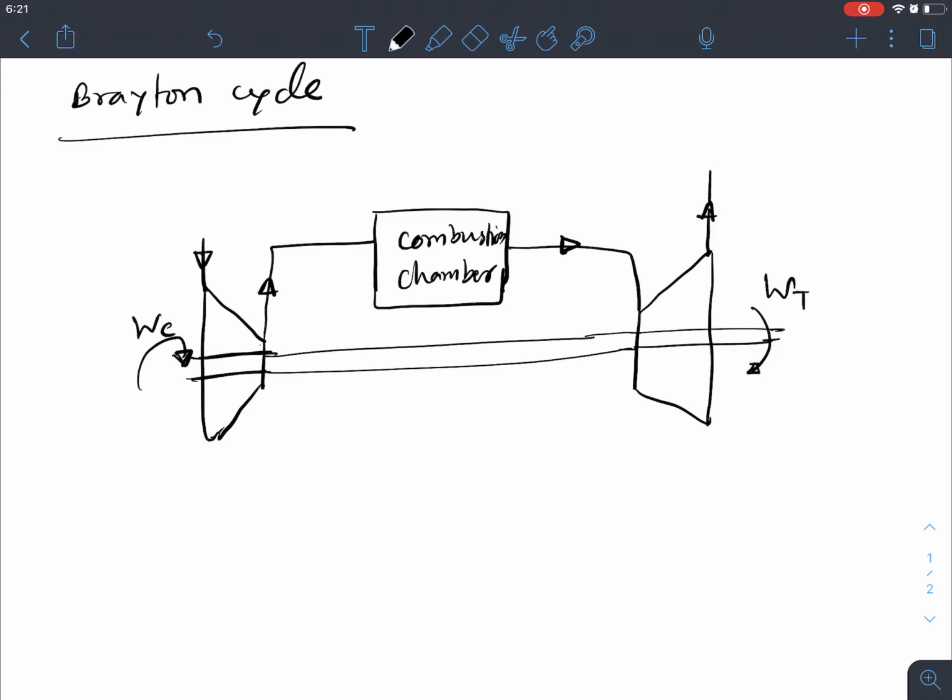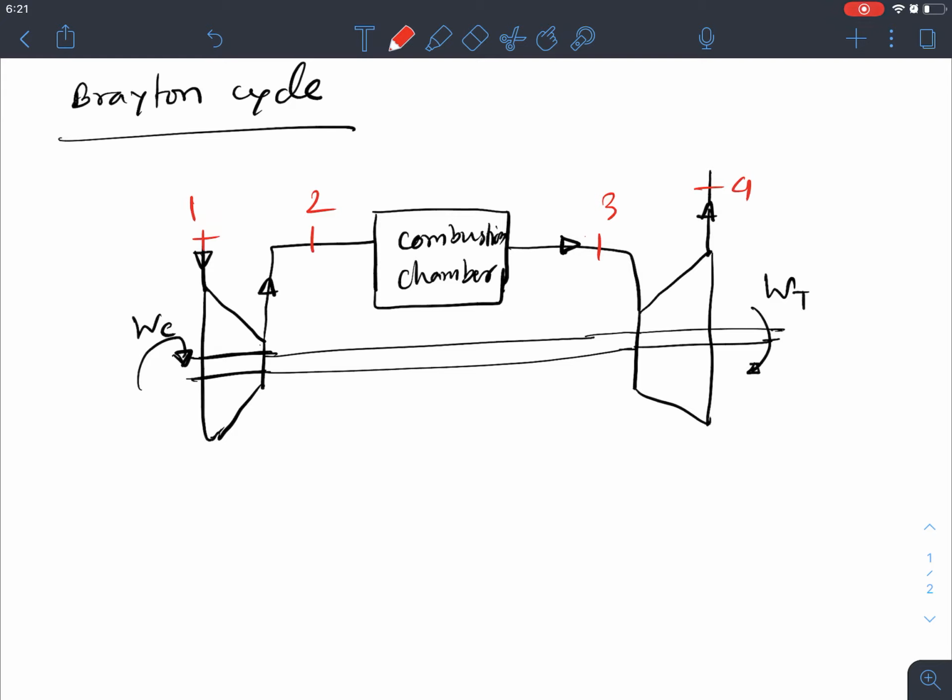What is happening here? Here basically, this compressor is compressing the gas and increasing the temperature and pressure, right? So 1, 2, and then this is 3 and this is 4, right? So here it's basically 1 to 2, pressure and temperature are increasing due to the compressor, right?